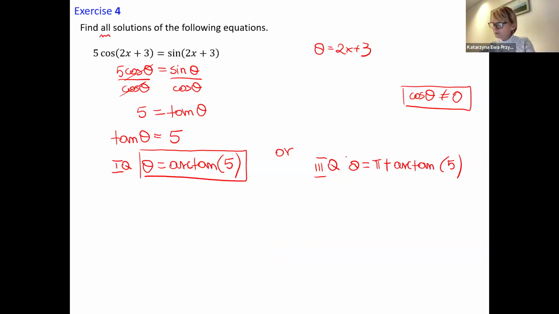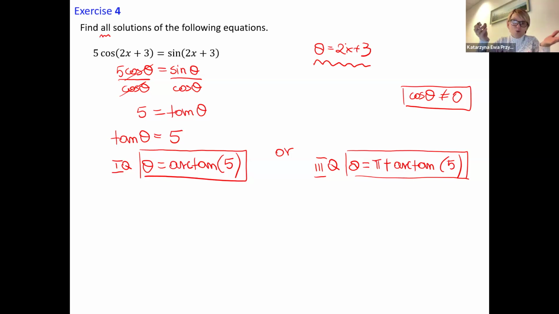And what we just have to do is solve this for x, because do you remember what I did? Just for the equation to look a little bit simpler, I replaced 2x plus 3 with theta. That means let's replace it back with the original variable. 2x plus 3 equals arc tangent.